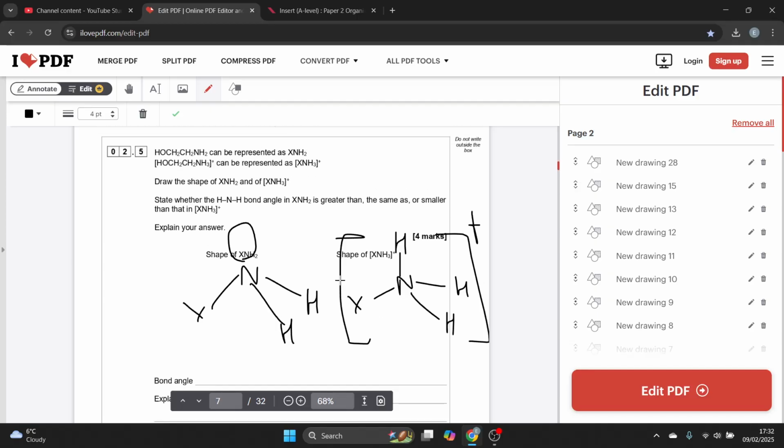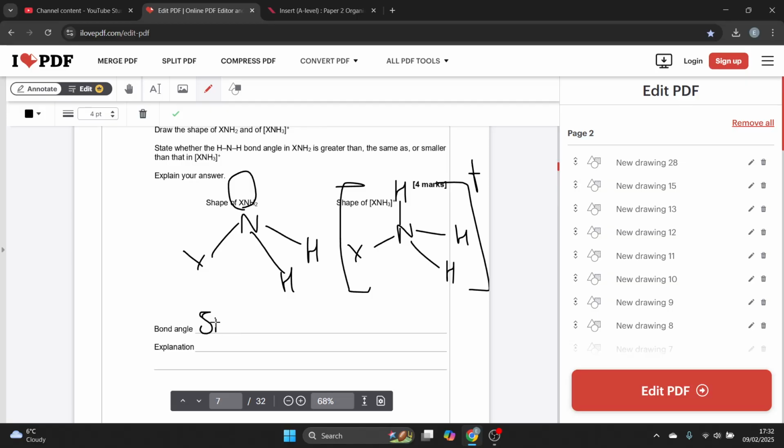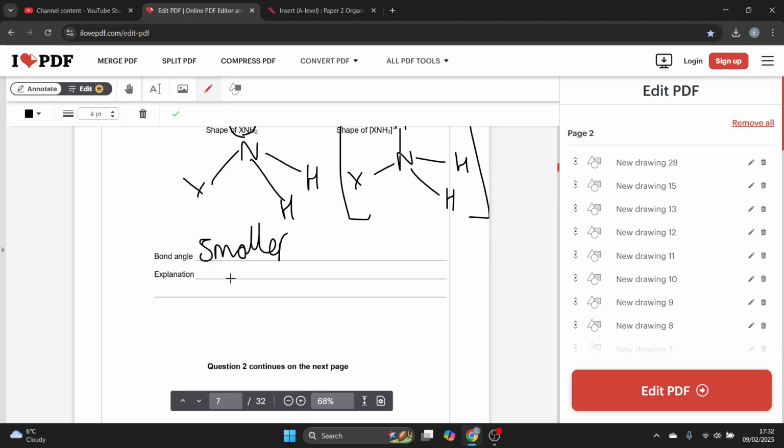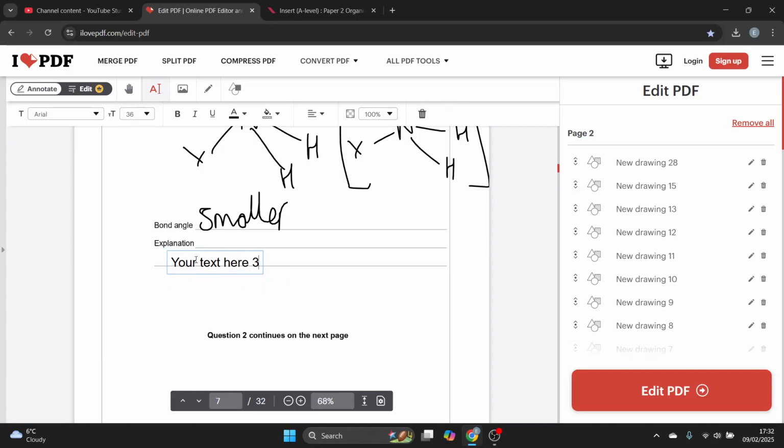State whether the H-N-H bond angle in XNH2 is greater than, the same as, or smaller than that in XNH3+. Explain your answer. It's going to be smaller due to the lone pair of electrons, because lone pair repulsion is greater than bond pair repulsion.